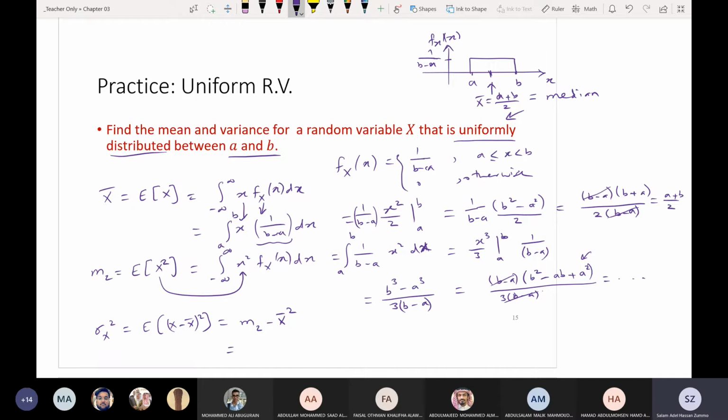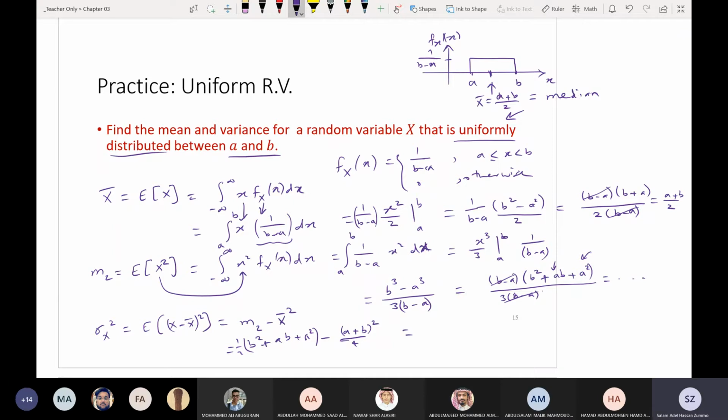Which will be b squared plus ab plus a squared divided by 3, minus a plus b, squared over 4. Right? Doctor, it should be plus ab. Plus ab, plus here, yes. Okay, excellent, thank you.